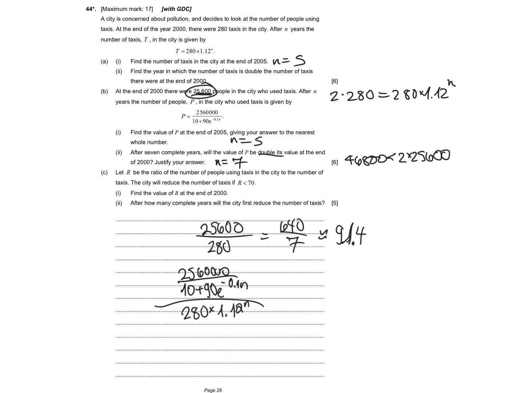And we want this to equal 70. So when you n solve this, you get n is 9.3. So in the 10th year, they'll reduce the number of taxis.